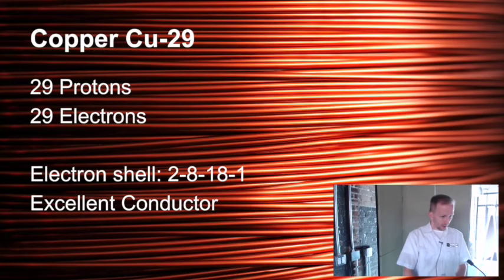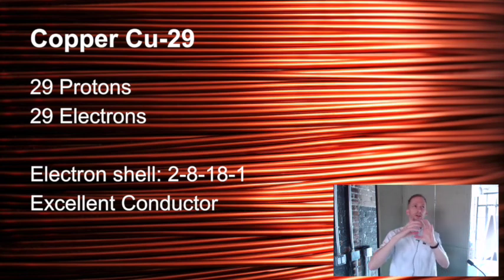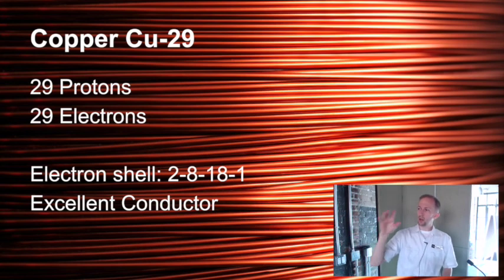So we're going to talk about copper and why electrons move across copper. Copper is an amazing substance. It has 29 protons, 29 electrons. If you remember from your science class about the electron shell, the atom has its nucleus, and there are certain levels of electrons that go around it. In the case of copper, there are 4. The first shell, which can accept a max of 2, has 2 in it.